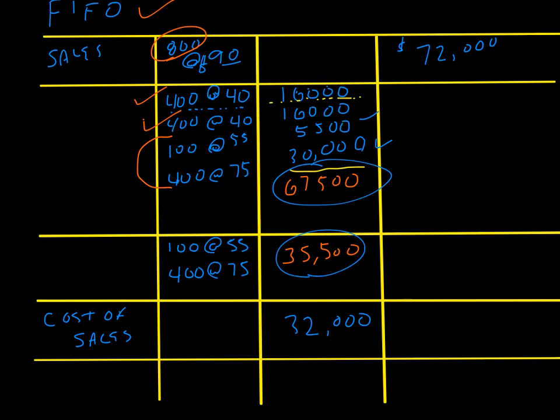Then what would our gross profit be? Our gross profit, if we take how much we made, right up here, how much did it cost? Subtract the two, and we get $40,000. Okay.